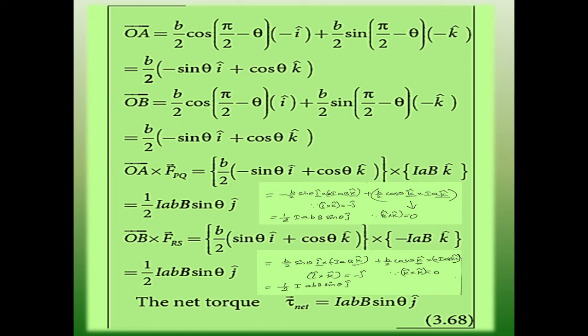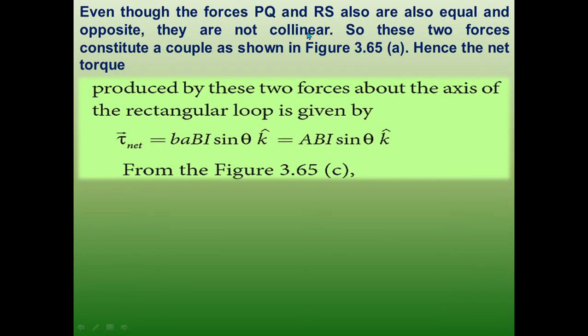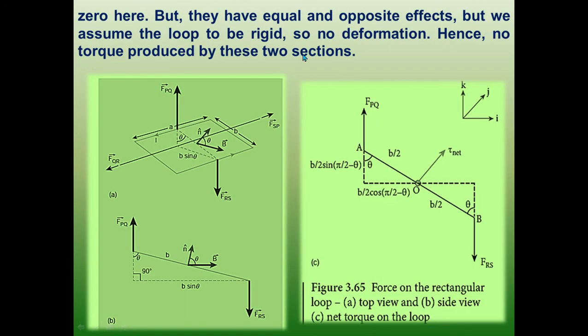So there are two components acting along the OA direction: b by 2 cos(pi/2 minus theta) in the minus i cap direction. This direction is the magnetic field direction. Right hand side means OB is taken as plus i, OA is taken as minus i direction.